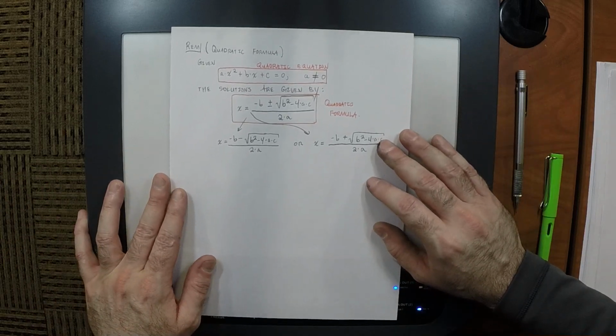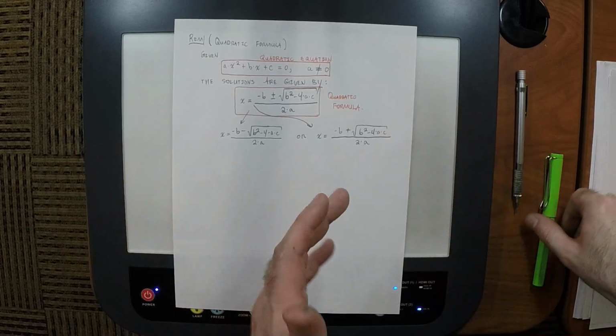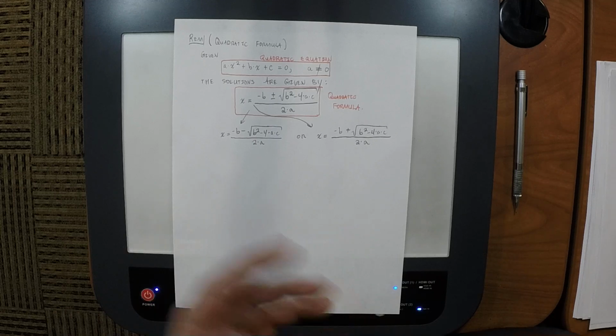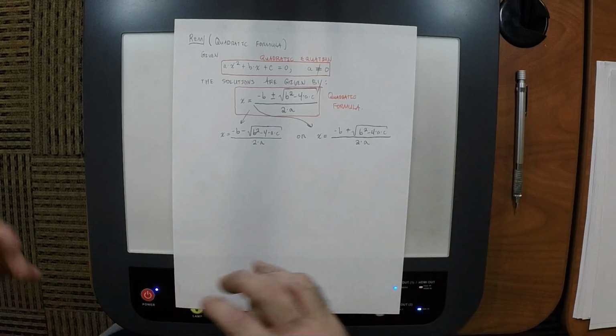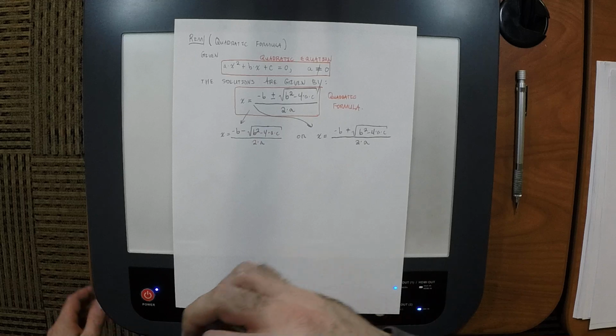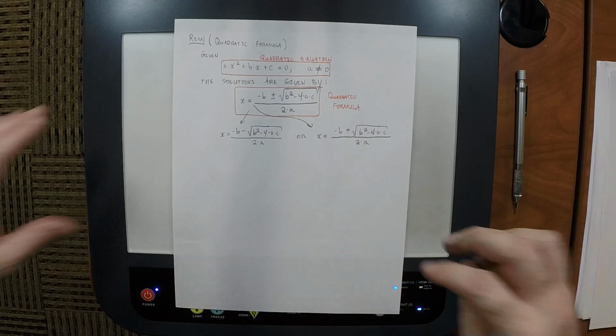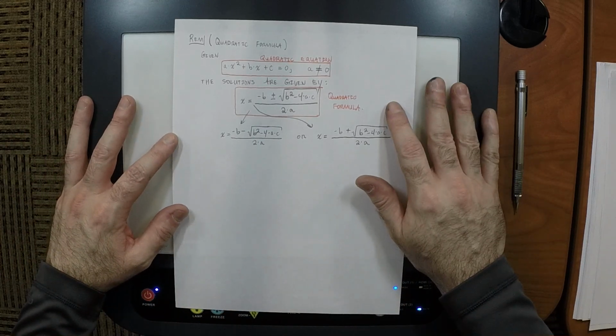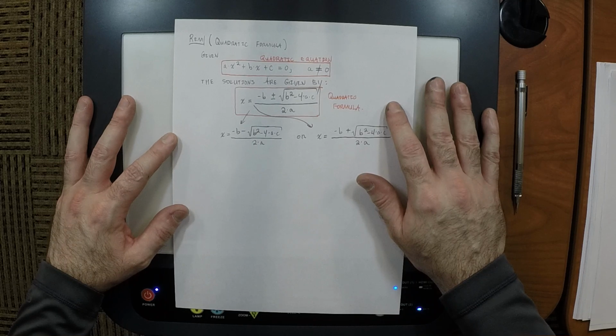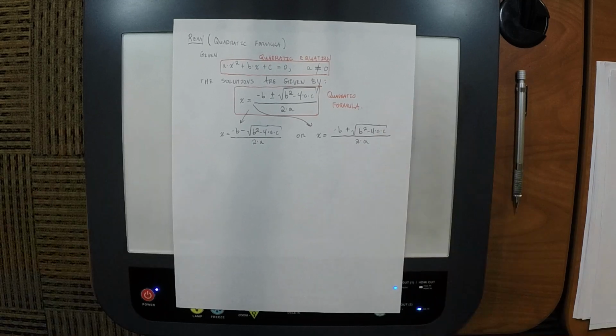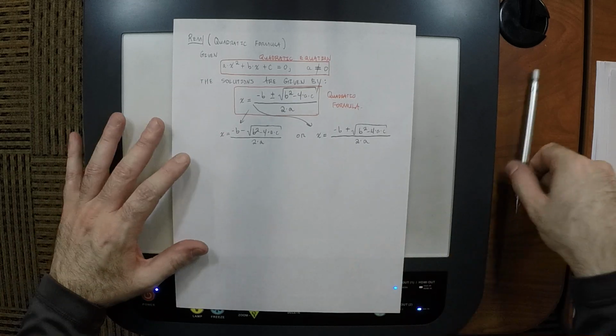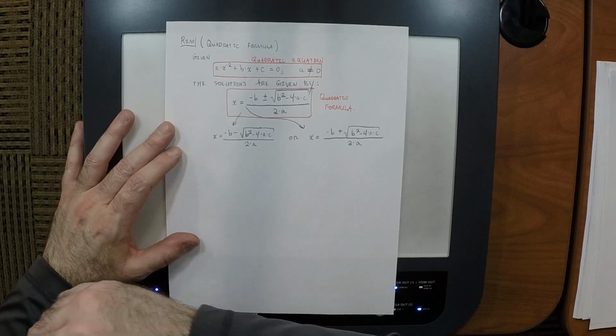And it's a good idea because if you're sitting down for a quiz and the question says more or less you have to use the quadratic formula, and you're sitting there pondering, and then you hear someone going, and then suddenly, oh, I have it, so it may be worth your time.